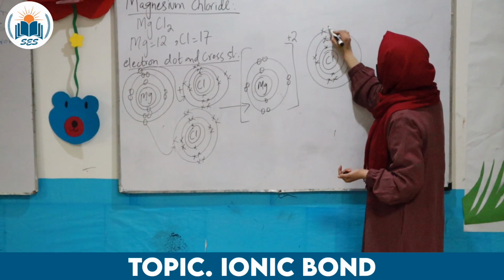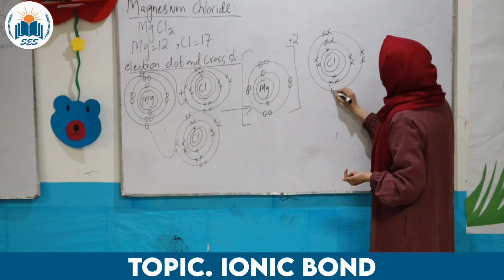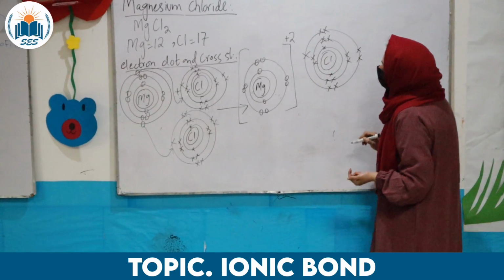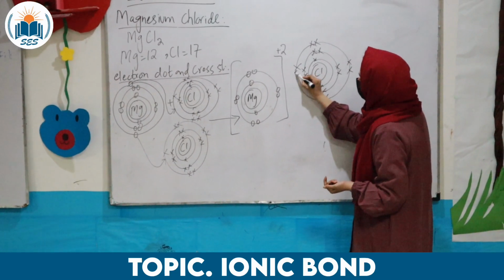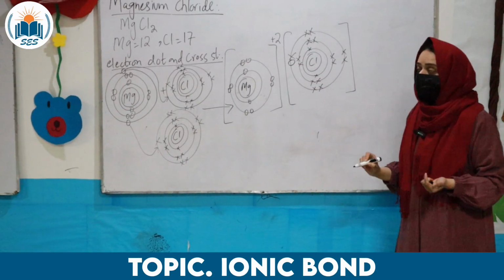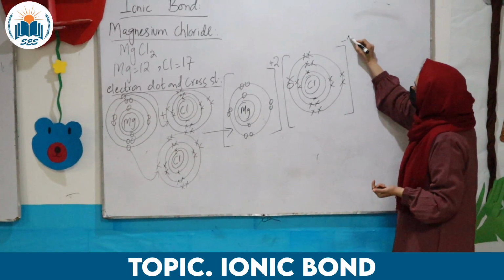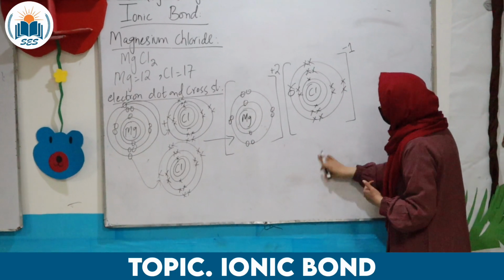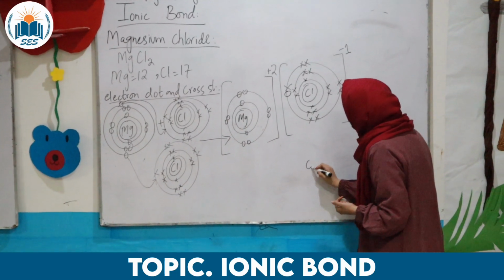In the third shell, it had 7 electrons, but it has accepted 1 electron from the magnesium. As it has accepted 1 electron from the magnesium, it will possess a -1 charge because it gains 1 electron.